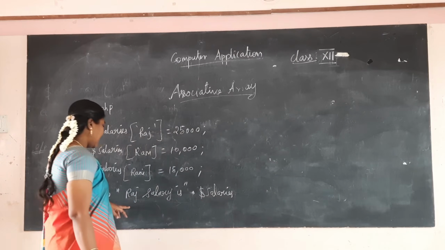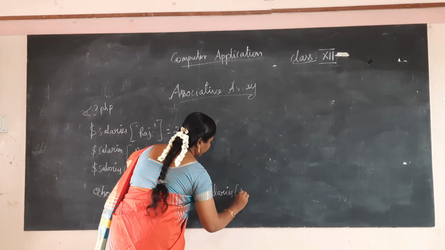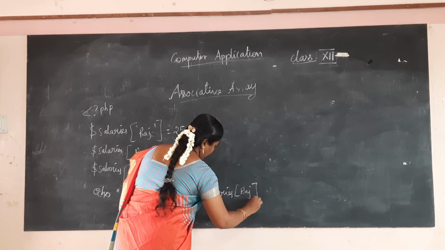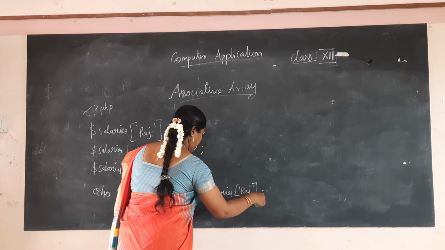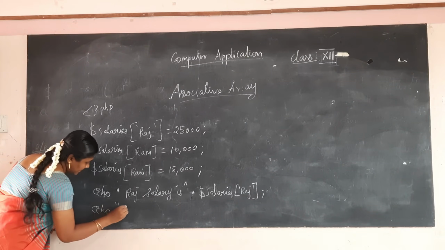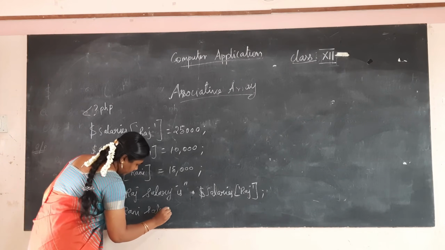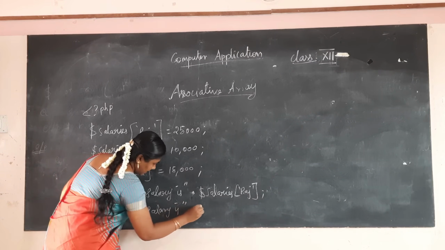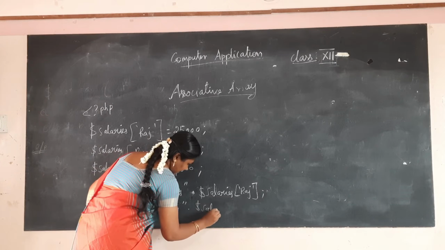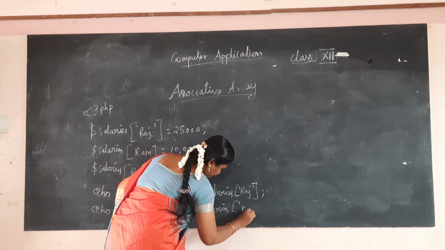So Raj salary is, and you should keep this dot symbol here, salaries of Raj. And the next one, Rani salary. Rani salary is again dollar, the array name is salaries, so Rani.